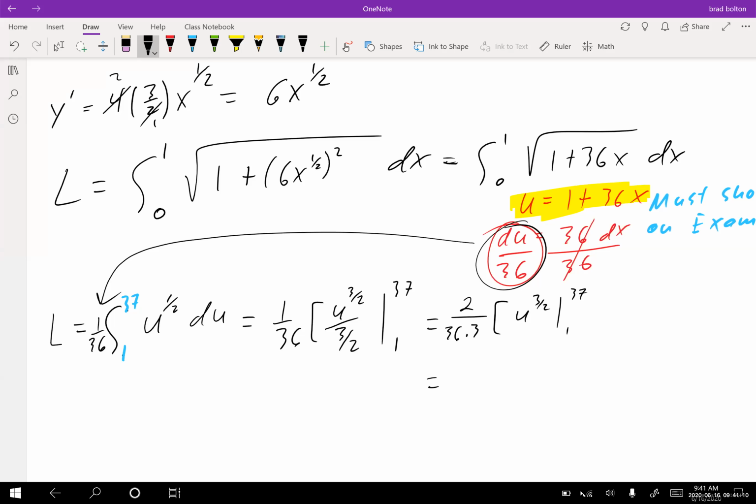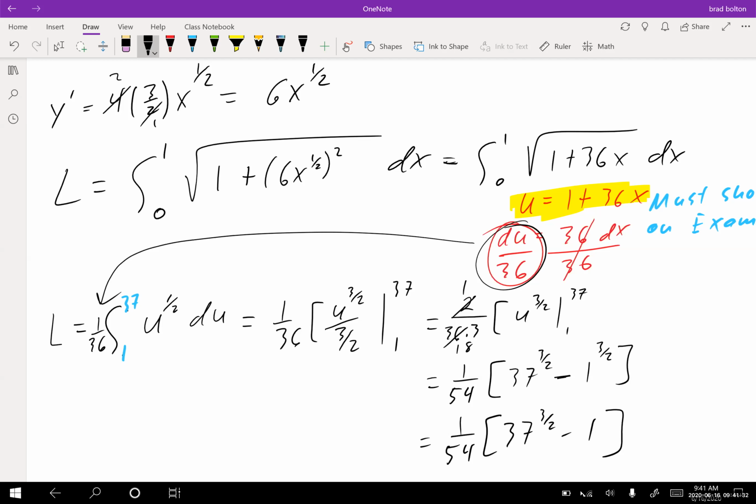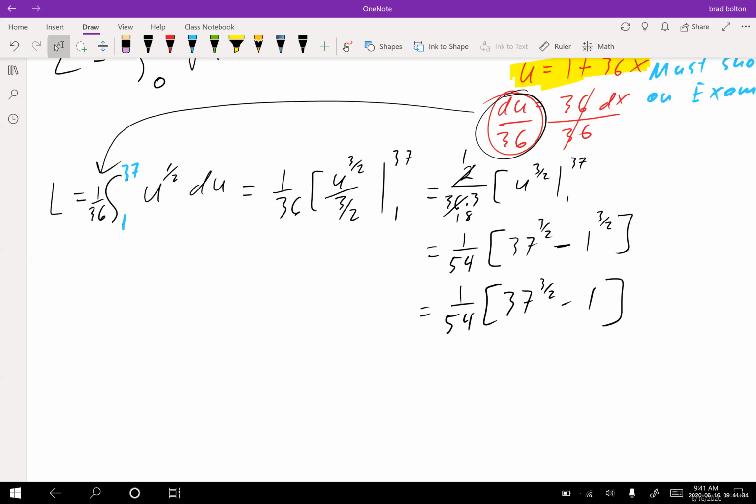I'm just doing this to save myself some time. This will become 1 over 54 times 37 to the 3/2 power minus 1 to the 3/2 power, which is just 1 over 54 times 37 to the 3/2 minus 1. And this would be an acceptable answer. If they ask you for a decimal approximation, you would do this. Hopefully I didn't make any silly mistakes again, and this should be correct.